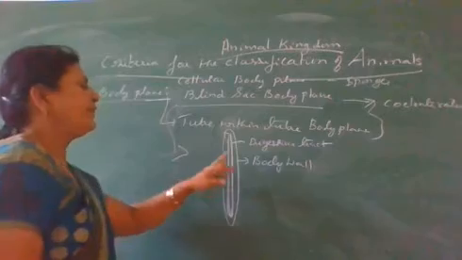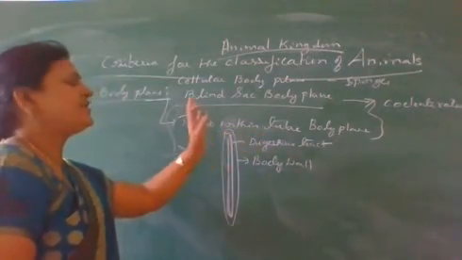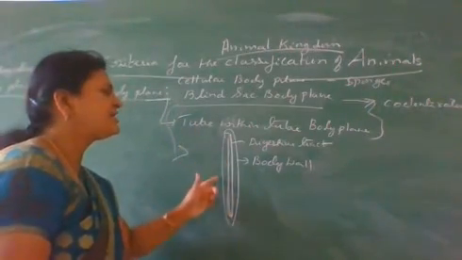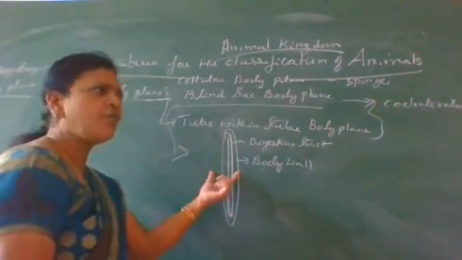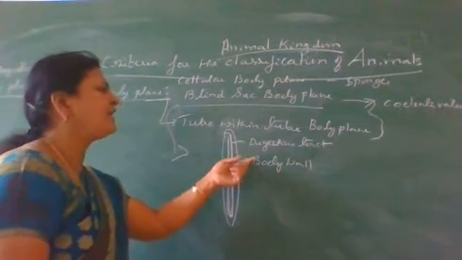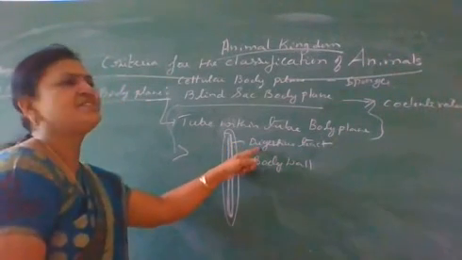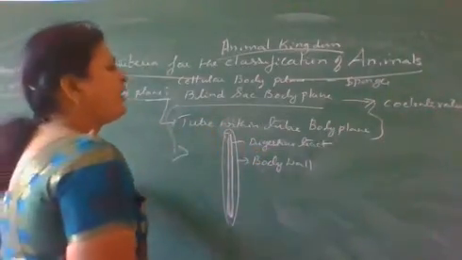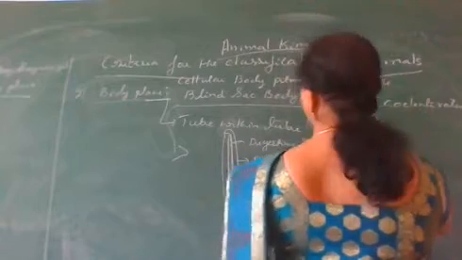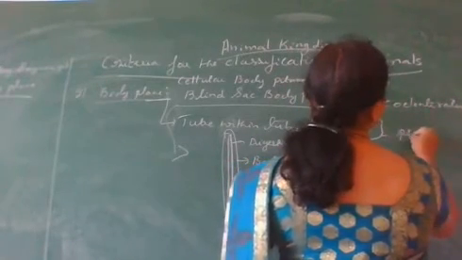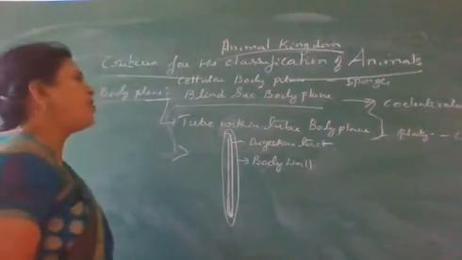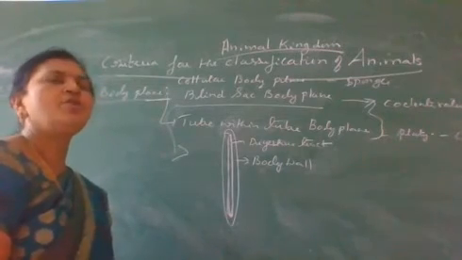So the tube within tube body plane is one where the outer tube, formed by the body wall, encloses another tube that is nothing but the digestive tract. This is another type of body plane, starting from the aschelminthes up to the chordates. All of them show the tube within tube body plane.